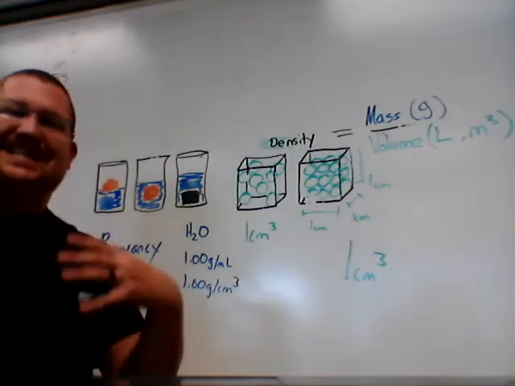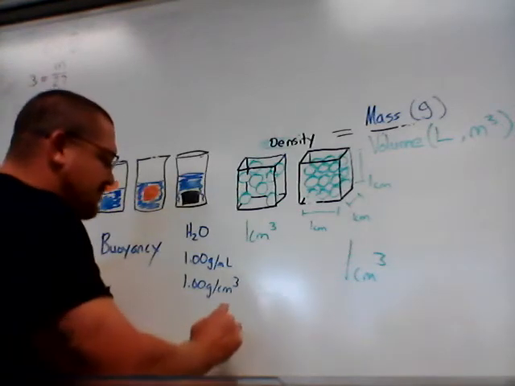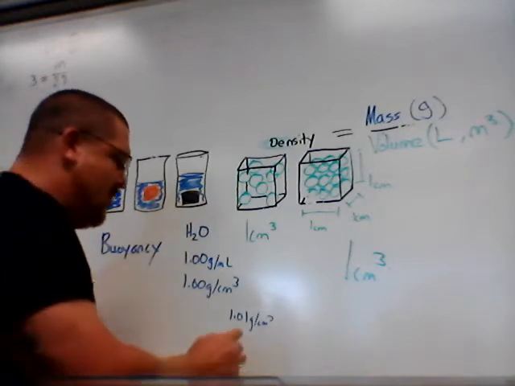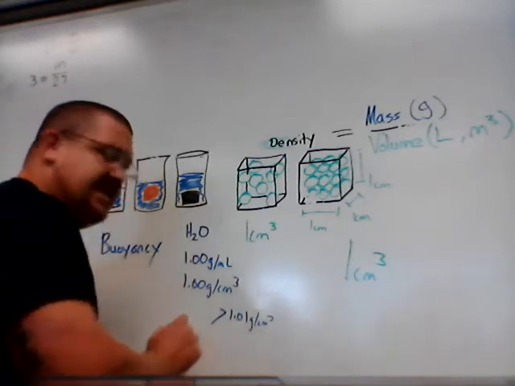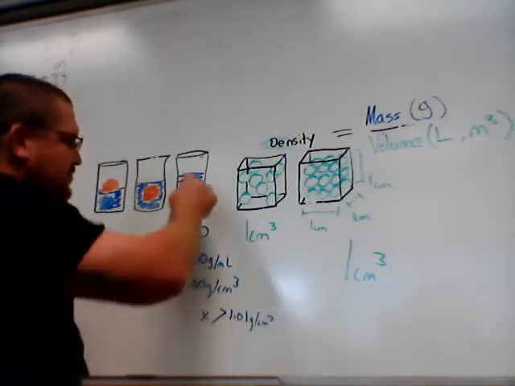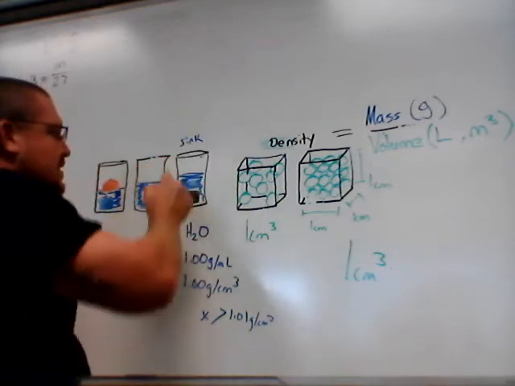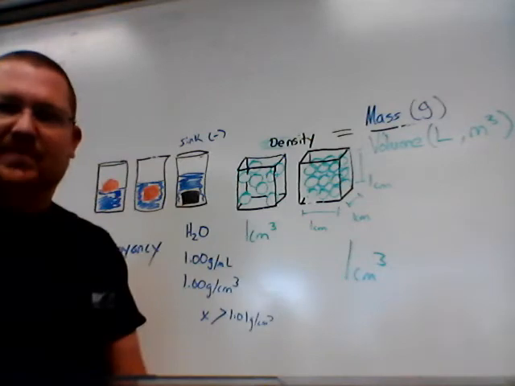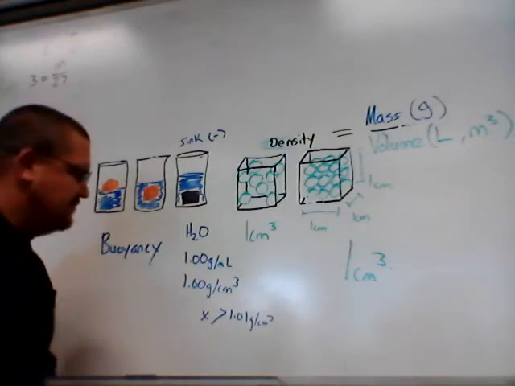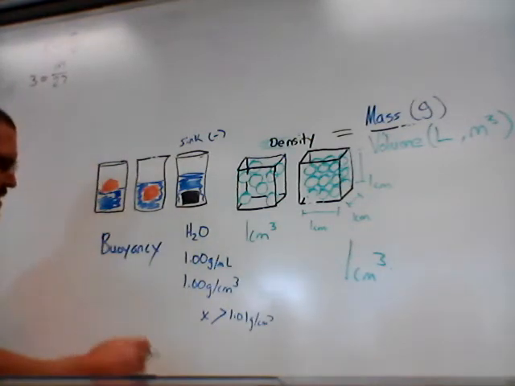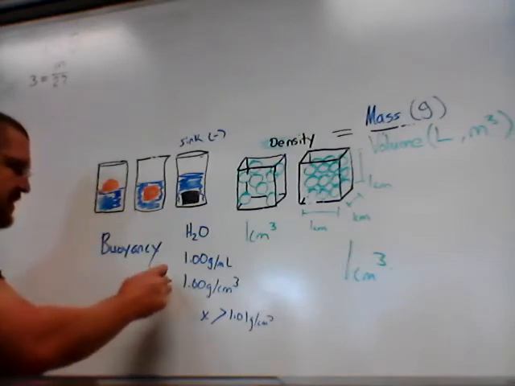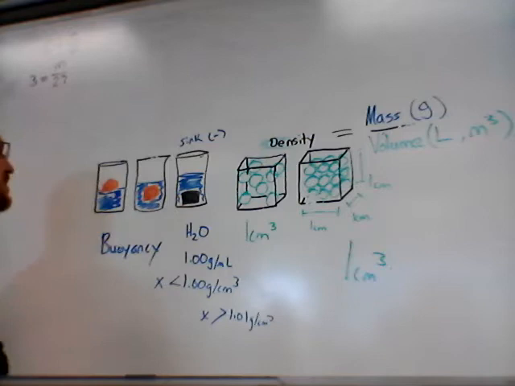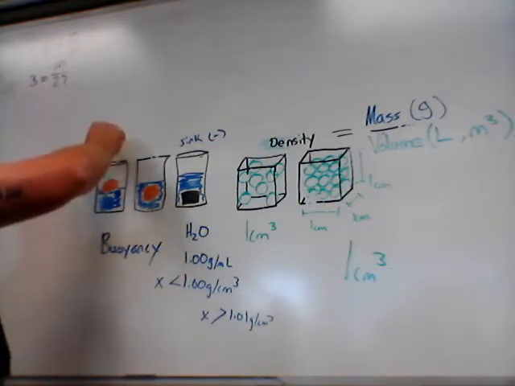So an object that is above that, an object that is 1.01 grams per centimeter cubed or bigger, will sink. And we will say that this is negatively buoyant. An object that is less than that density of water will float.